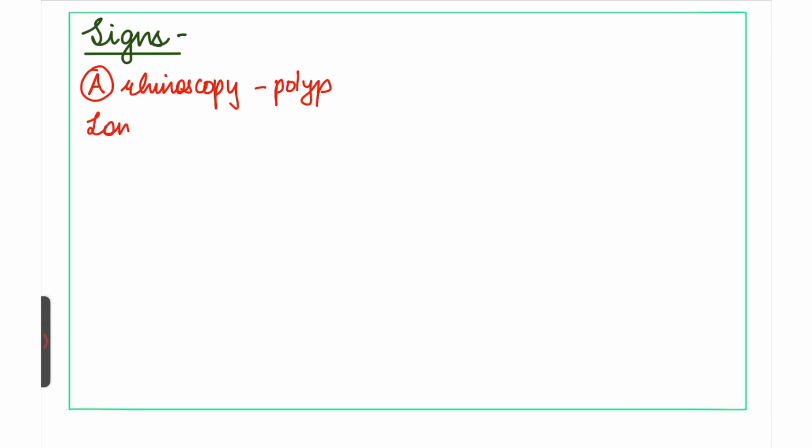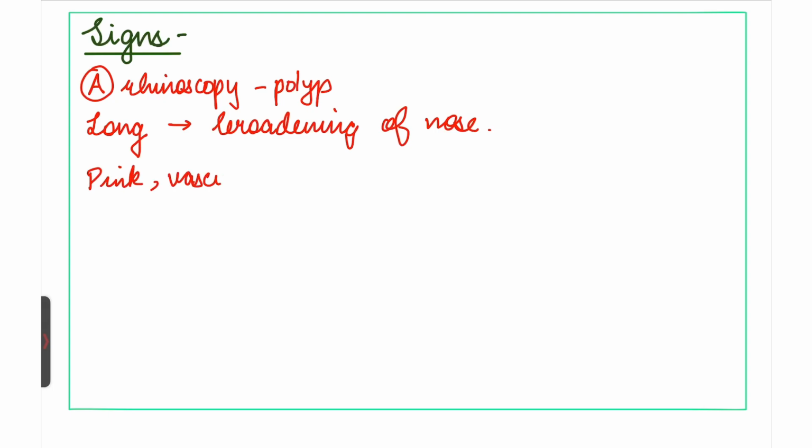In case of a long-standing polyp, it can also present with broadening of the nose and increased intercanthal distance. A polyp may protrude from the nostril and it may appear pink and vascular. It can simulate a neoplasm, but it is not a neoplasm.